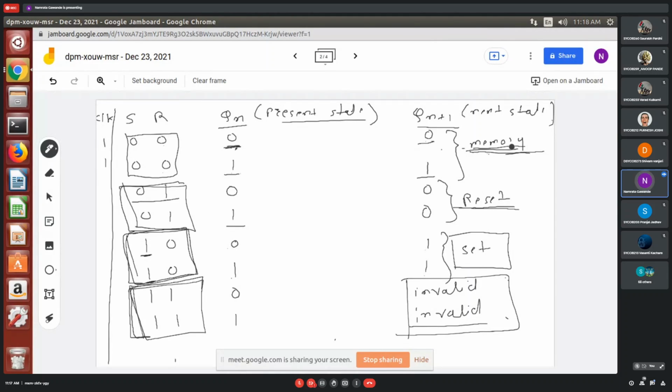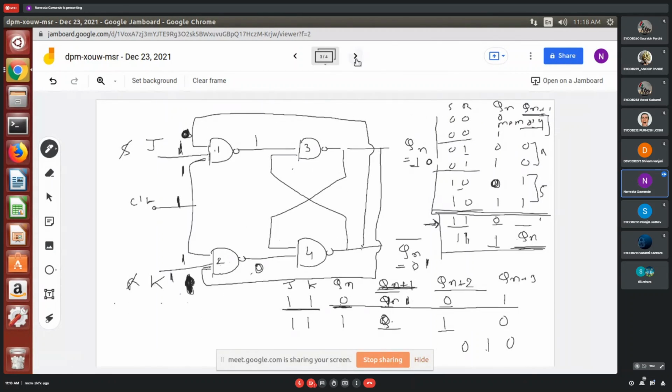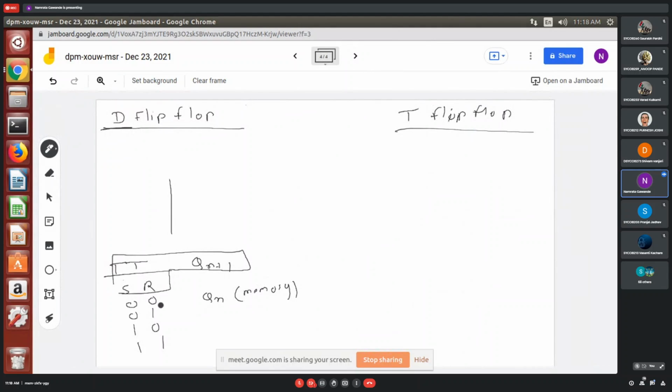For this memory state, if I consider the next state as Qn plus 1, I can also write it as Qn. If 0, 1, then 0, 1. So Qn plus 1 equals Qn. So I am writing that over here. For 0, 0, Qn. For 0, 1 also we are getting the memory state. For 1, 0.